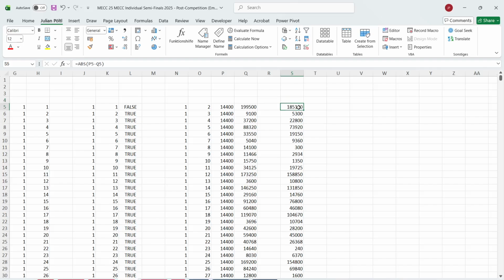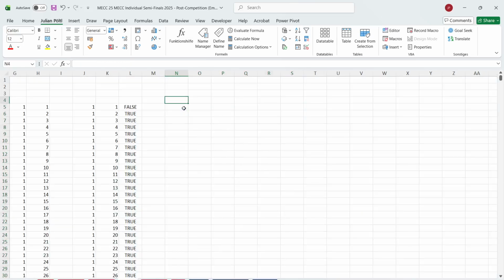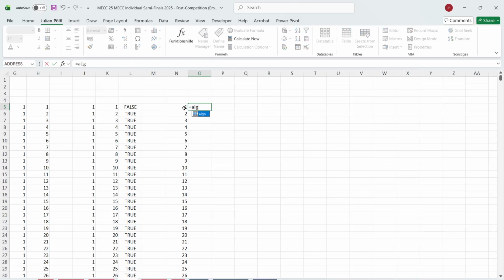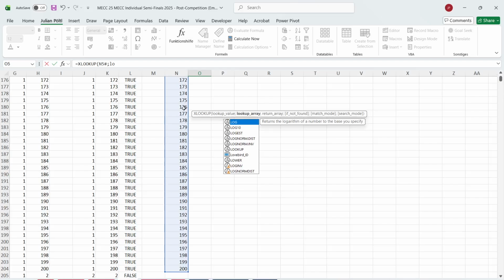And no, I should have done differently. Okay, so I have all IDs. And now I have the algorithmic score.